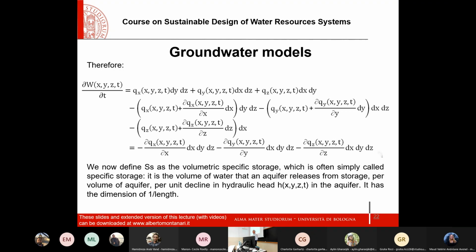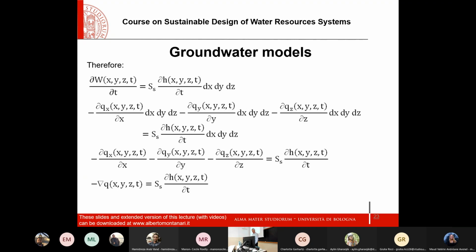In the wells, I cannot measure the flow. I can measure the depth of water. And therefore, I want to bring inside this equation the hydraulic depth. The idea is to find a relationship between depth and flow. And this is the volumetric specific storage. Let's find a connection between depth and flow.